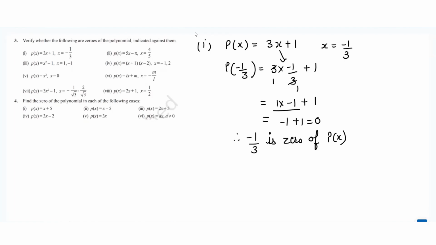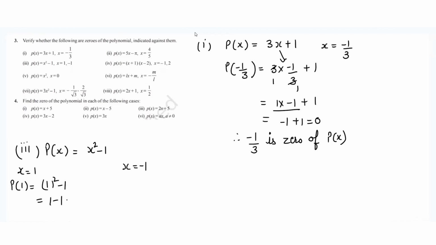Similarly, let's take another example. Third part, P(x) is equal to x squared minus 1. In this question, they have given us two values of x. So we'll write here x is equal to 1 and here x is equal to minus 1. So P(1) will be equal to 1 square minus 1, is equal to 1 minus 1.